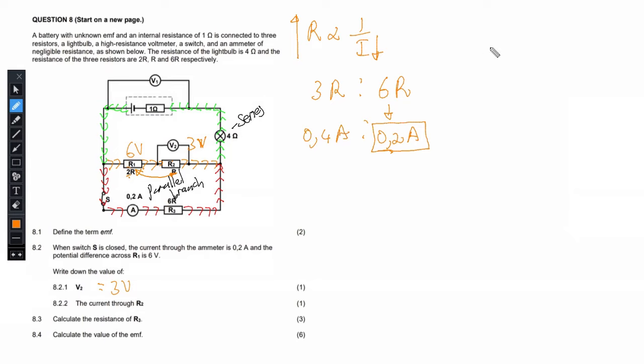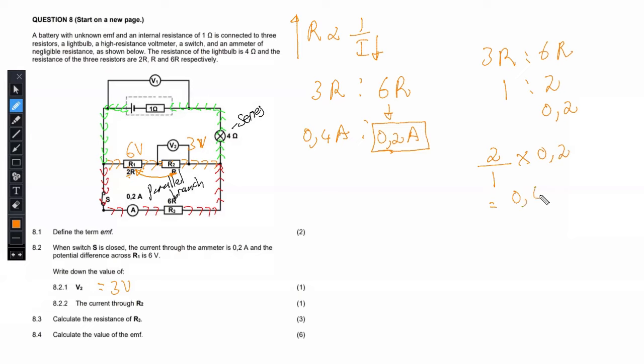So if you want to further simplify this, this is based on 3R to 6R. The ratio will be 1:2. But then this is supposed to be 0.2 amperes here. So if we want that, we can simply say the ratio is 2 for this one. So this is supposed to be 2/1 multiplied by 0.2.